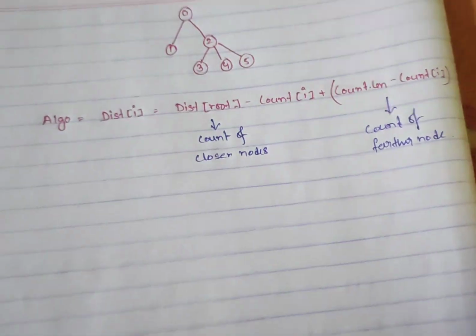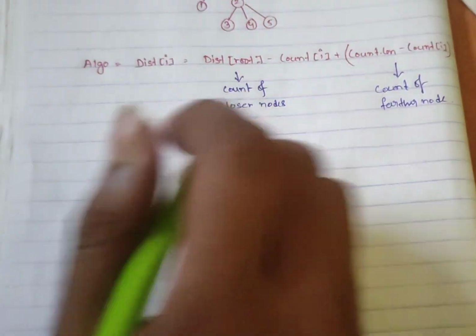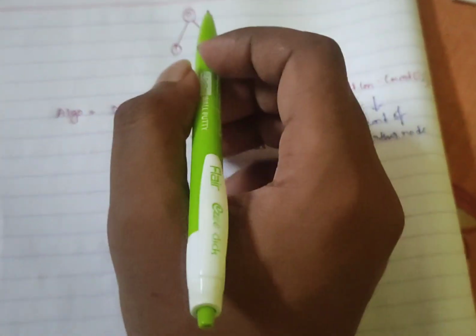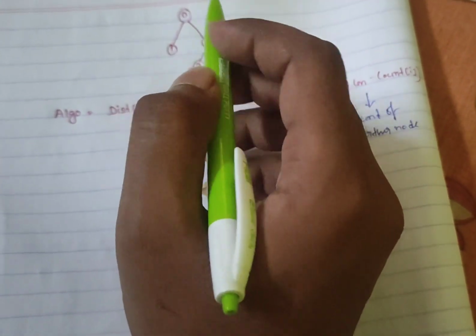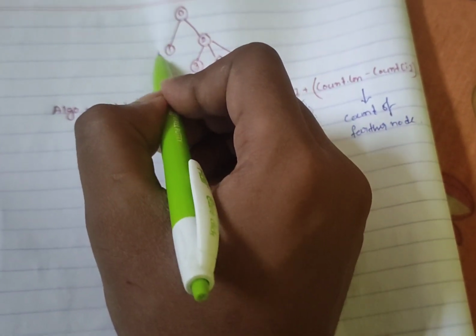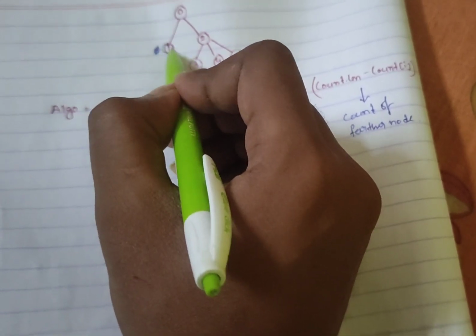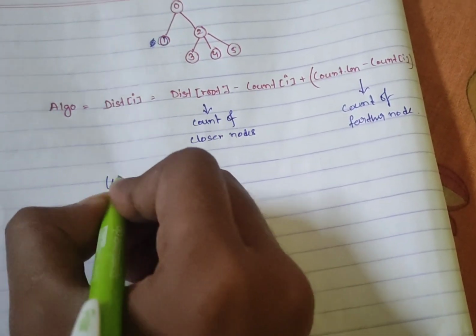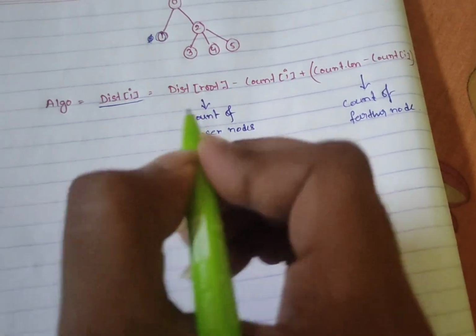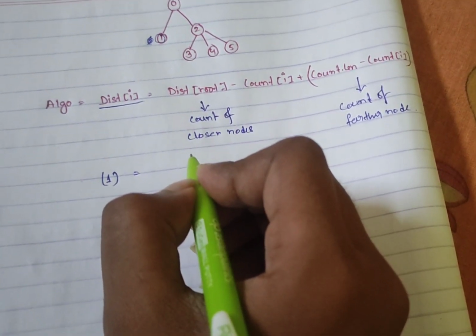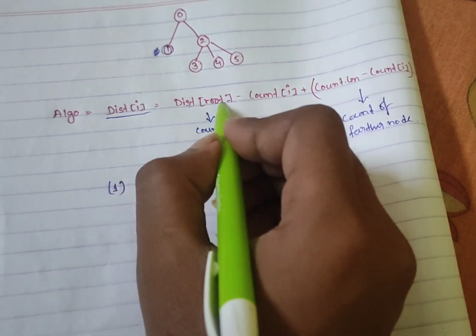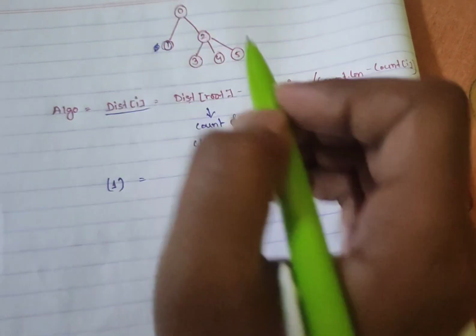Okay, so now how do we do it? Just check for 1. For distance 1, distance I is basically 1. For 1, the dist root, the distance root for the root node is what? 0.